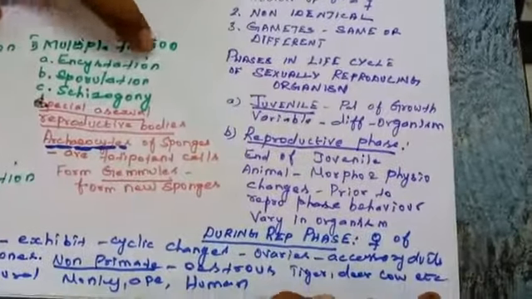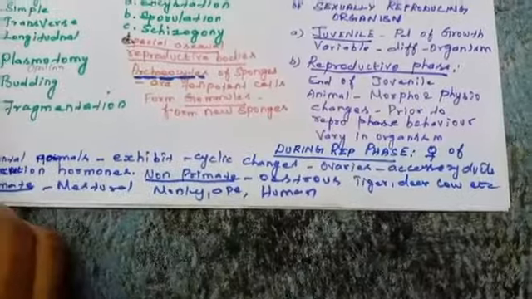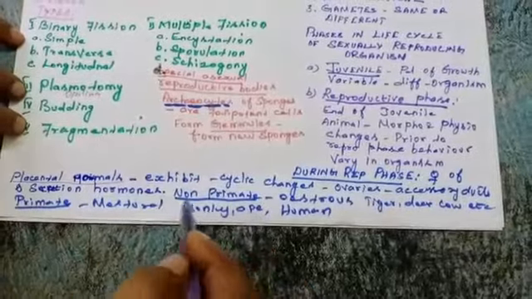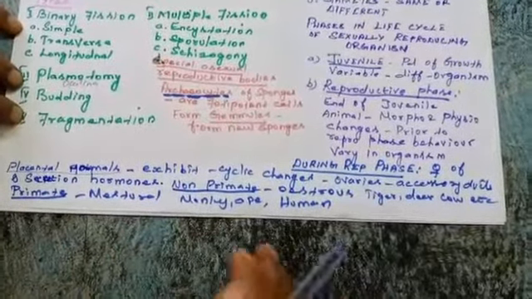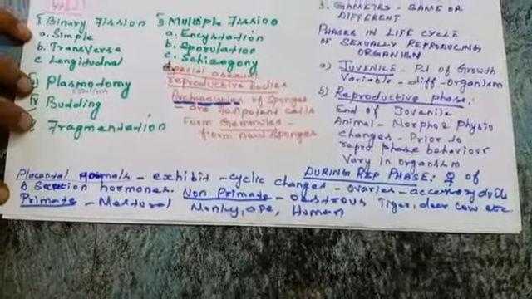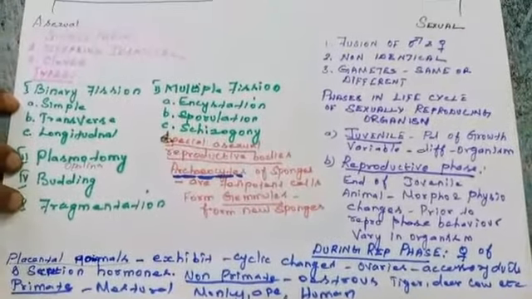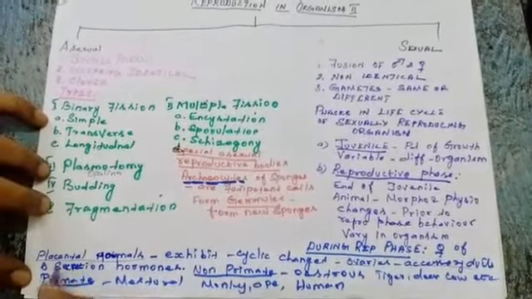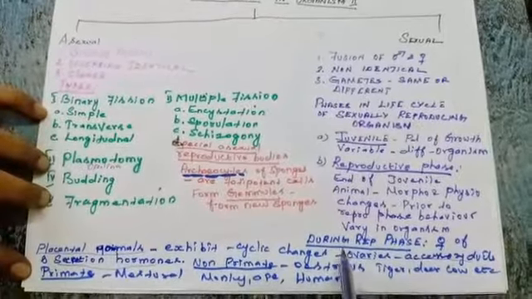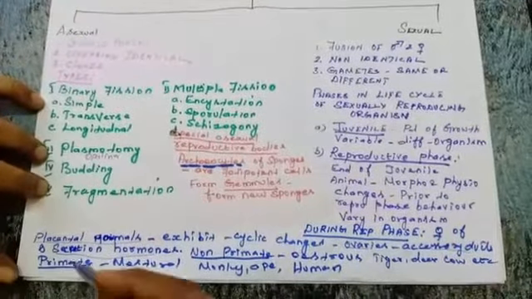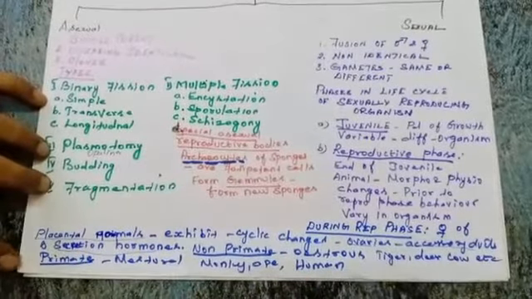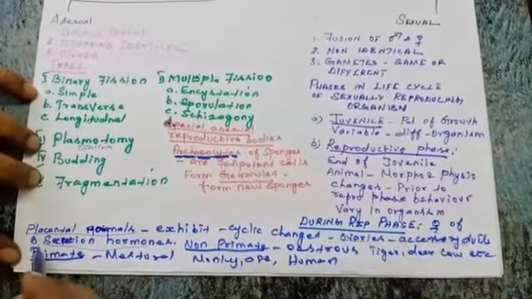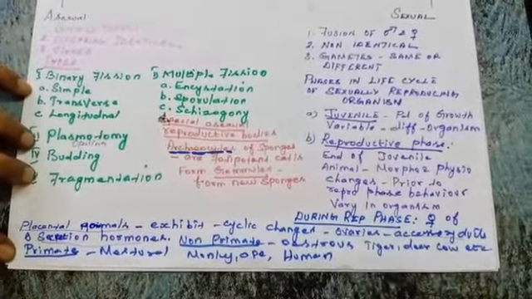During the reproductive phase, females of placental mammals exhibit some cyclic changes. What are the cyclic changes? They occur in the ovaries, accessory ducts, and also in the secretion of hormones.